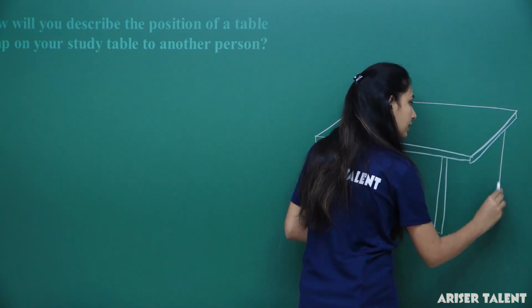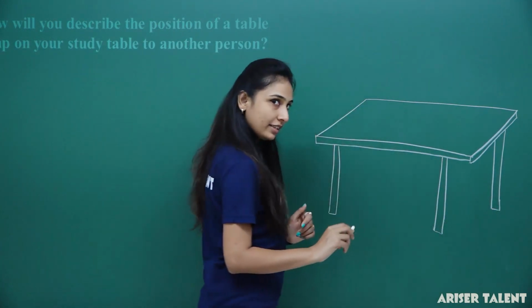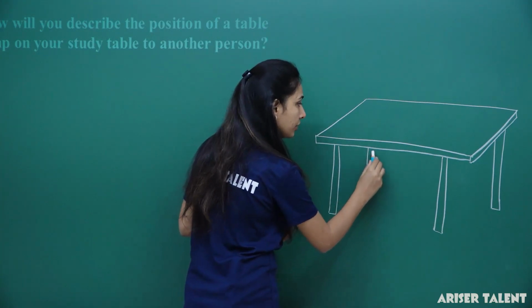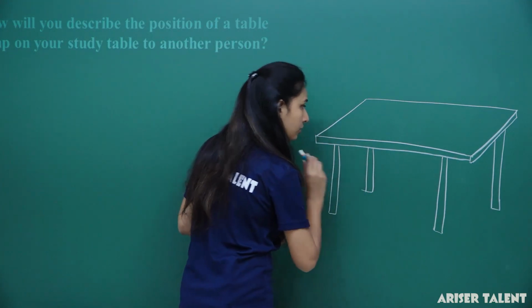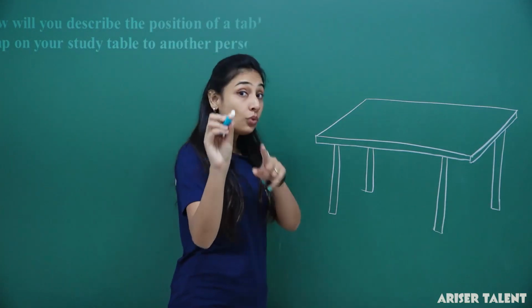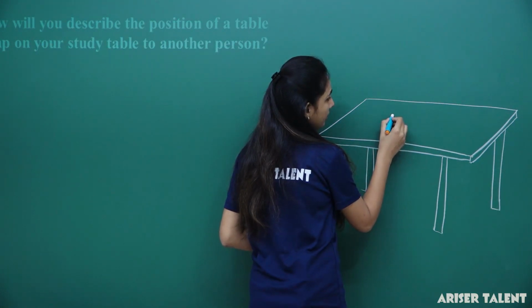And you have to say, wow, I'm drawing so beautifully, right? Okay, I'm taking your compliment even though you're not giving it to me. So it's the table, and you have a lamp here, on this side.